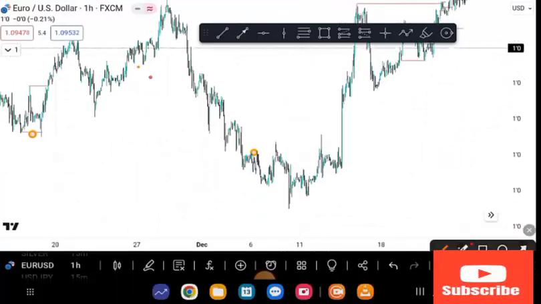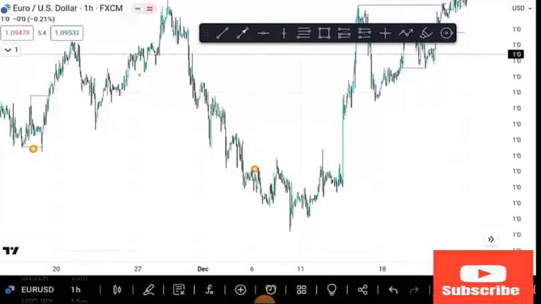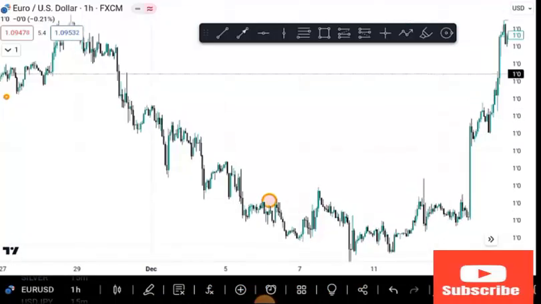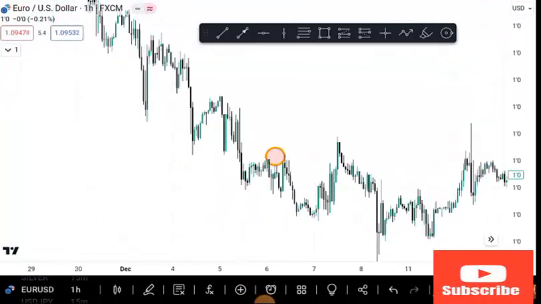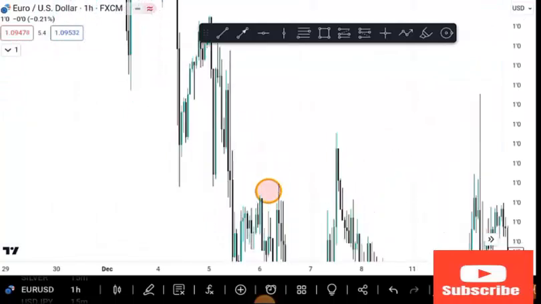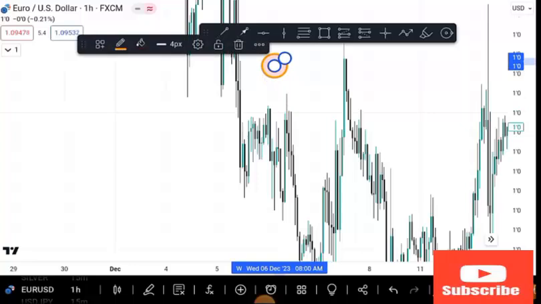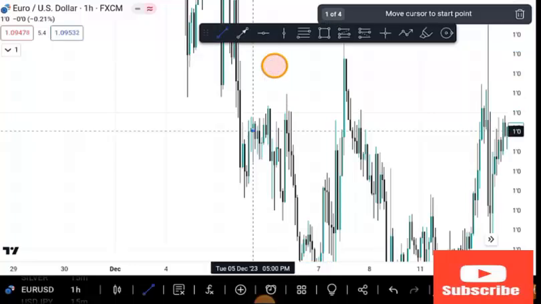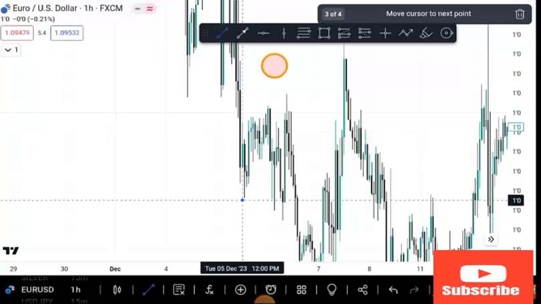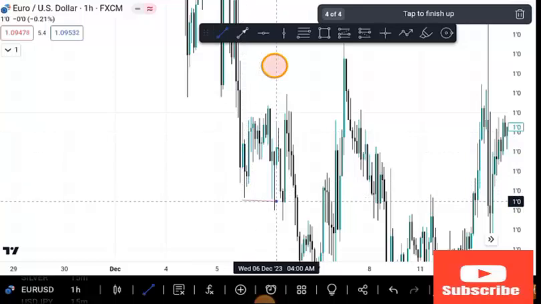Here's another one. Price is bearish. Your first thing, you must know the direction, and then you want to see price break structure and a return back to that high. So we're bearish in this example. We see this break of structure right there.